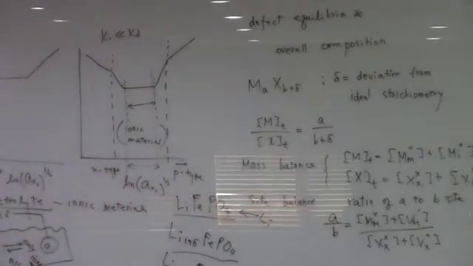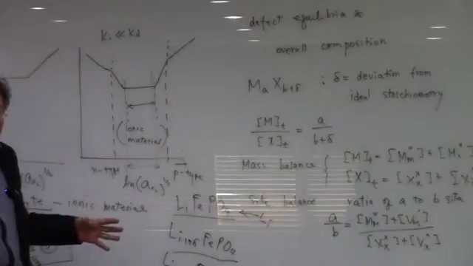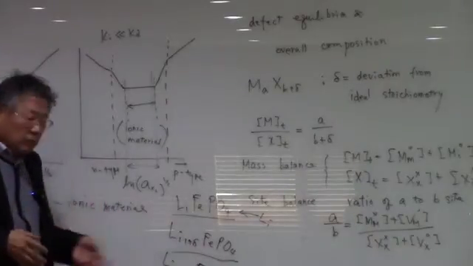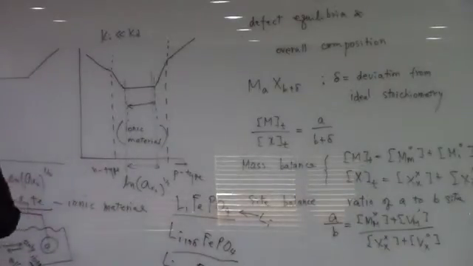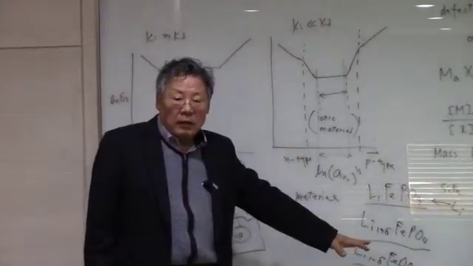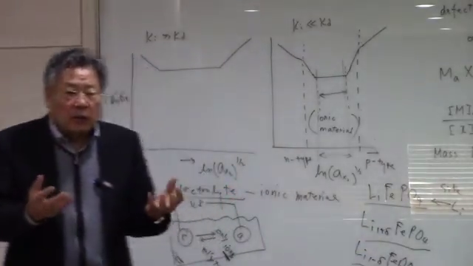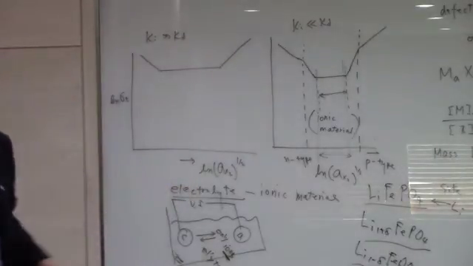Okay? And if you take out too far or add lithium too far, then you're going to form the second phase, which is different from the LiFePO4. Okay? You enter the two-phase region.